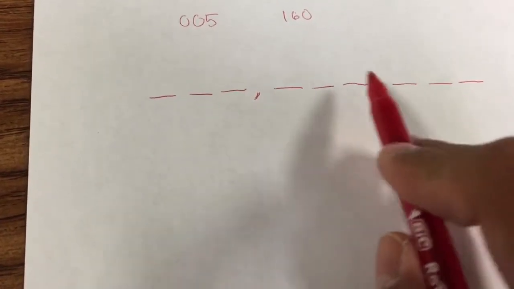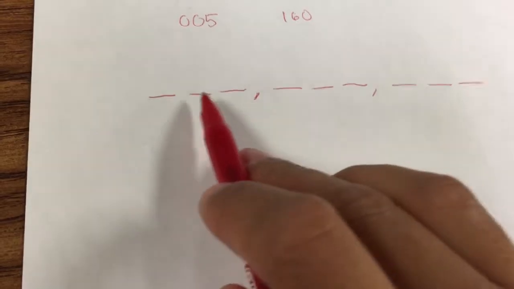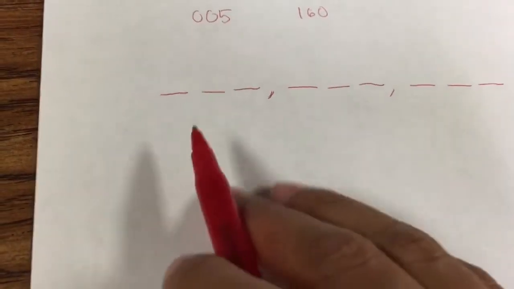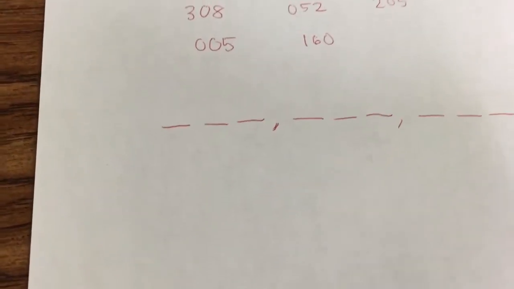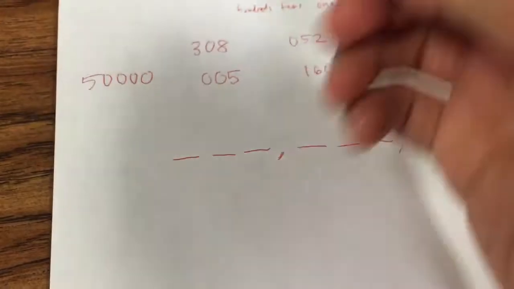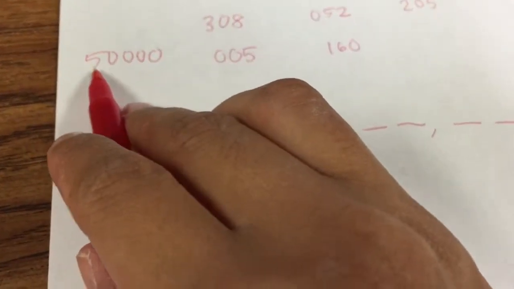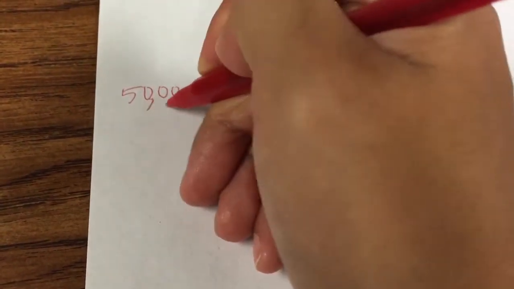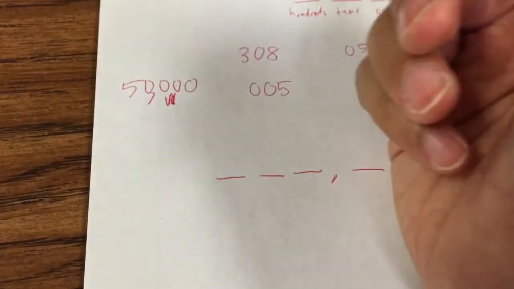What I see some students do is they put the comma in the wrong spot. Some people will go 1, 2, 3, comma. That's not correct. Remember, we start on the right side with the ones digit, and from there we go 1, 2, 3, comma. So the comma should not have gone there, it should have gone there.